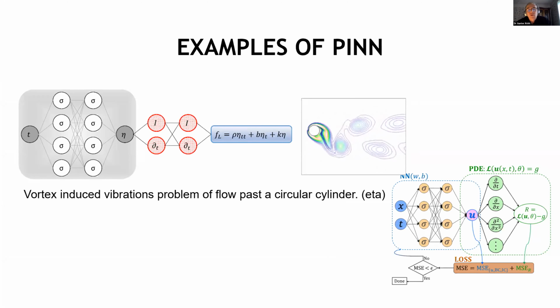We will also put into the loss function all these physical losses that are shown here. So we will have the partial differential equation in the loss function. We will have the boundary conditions as well, and the initial conditions.